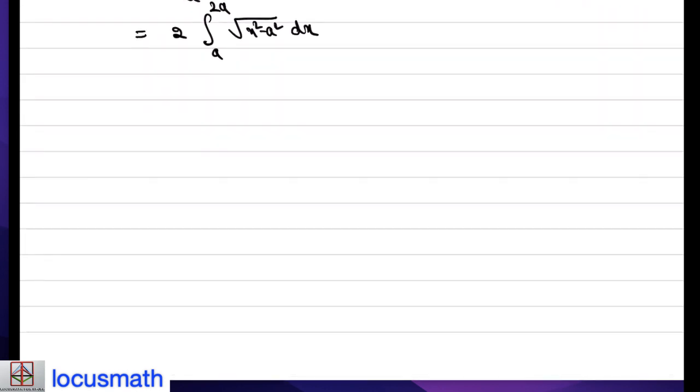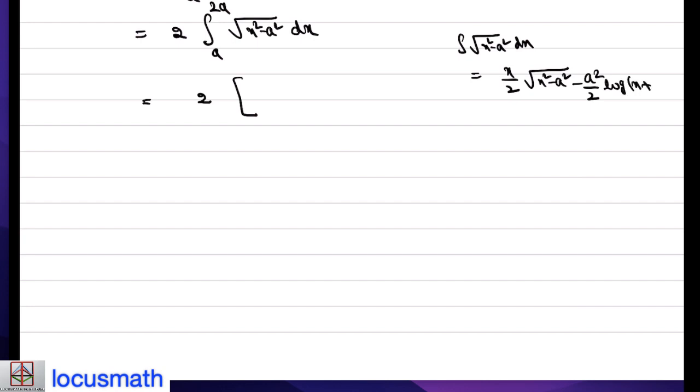Now what about the integration of under root of x square minus a square? That is just a standard formula. We have the direct result: integration of under root of x square minus a square dx is equal to x by 2 into under root of x square minus a square, minus a square by 2 into log of x plus under root of x square minus a square.